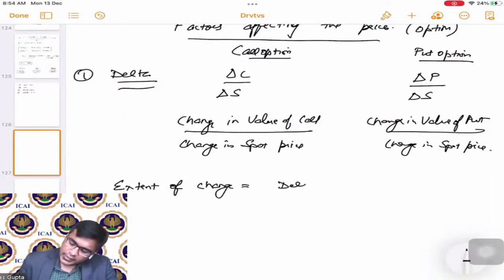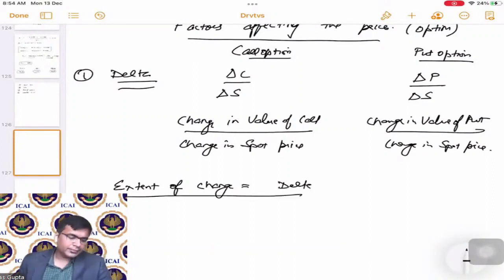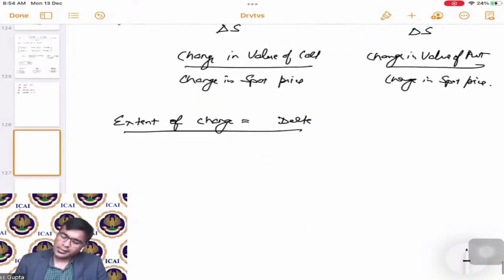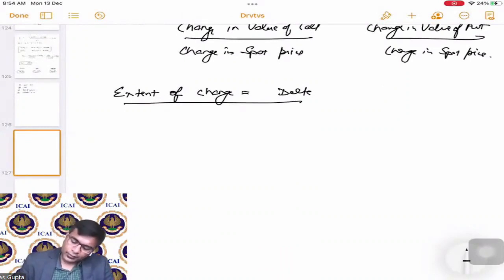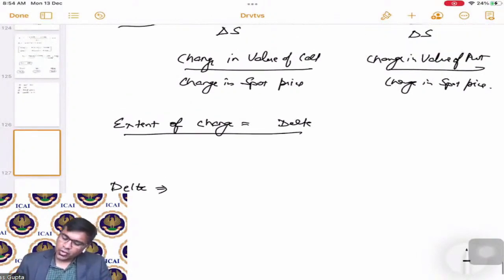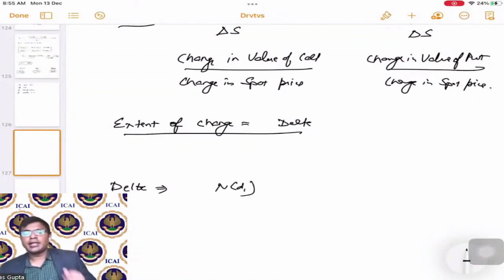That extent of change is given by delta. Now, the delta for a call option is N(d1), which is nothing but the hedge ratio.